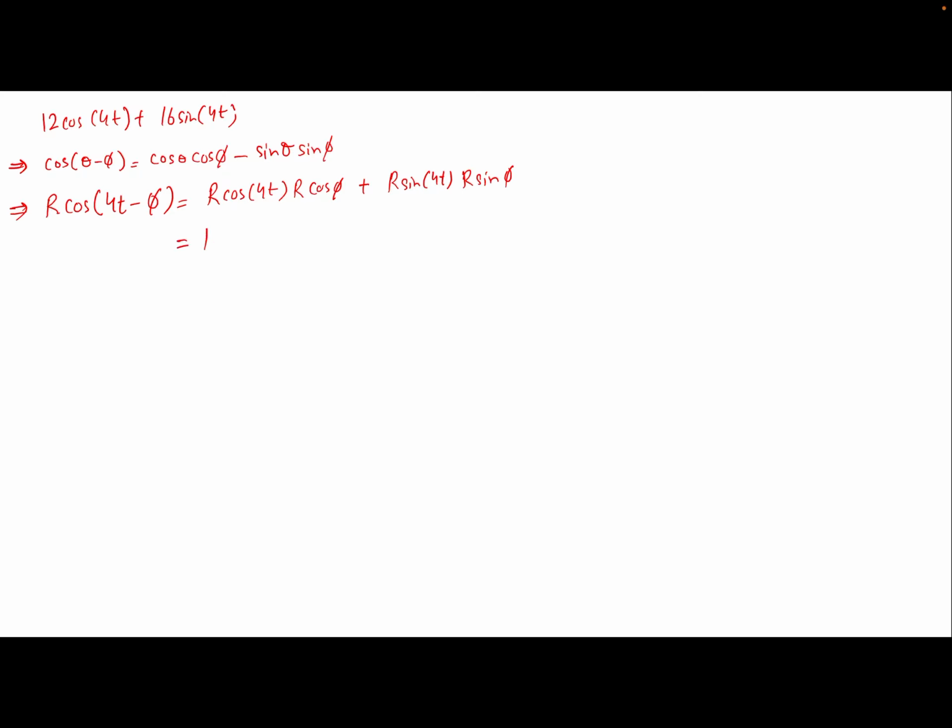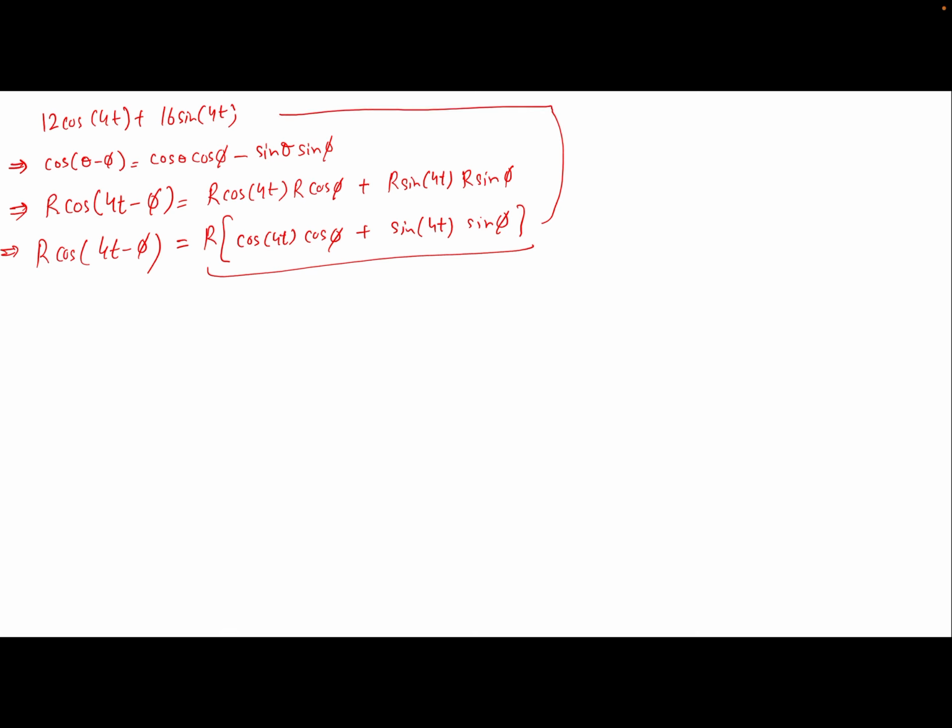I'm going to take R common here to make this thing simpler. Right, so cos of 4t cos of phi plus sine of 4t sine of phi. And this is also R cos of 4t minus phi. Okay. I want you to compare this part of the expression to this part, right?